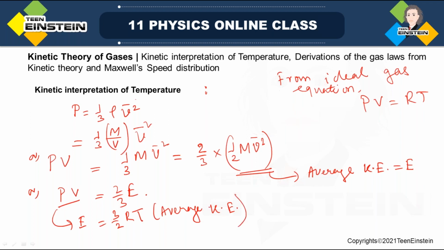So in this, R is actually the universal gas constant, you know that, and this 3/2 is also a constant. So you can say average kinetic energy is directly proportional to the temperature. This is the interpretation of temperature in terms of kinetic theory.